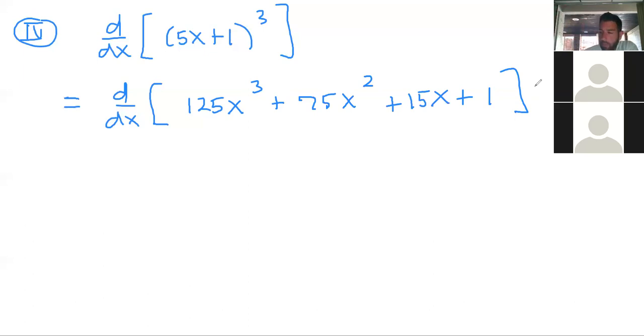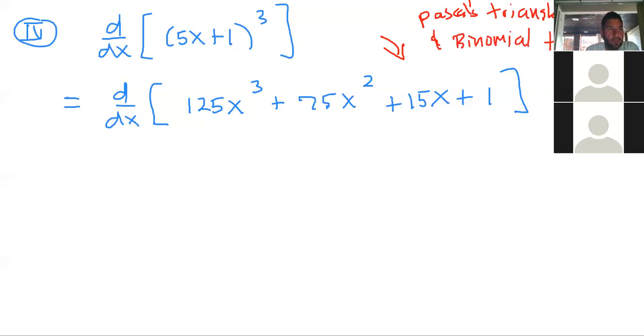So if you want the shortcut, which you can Google, what I used to go from here to here is Pascal's triangle, and what's called the binomial theorem. So if you want to Google that exact phrase, you'll find lots of good tricks for how to do this if you want to learn. I was fortunate when I was in school. I had some good algebra teachers, and they taught us that. I don't even know if they still teach that or not.